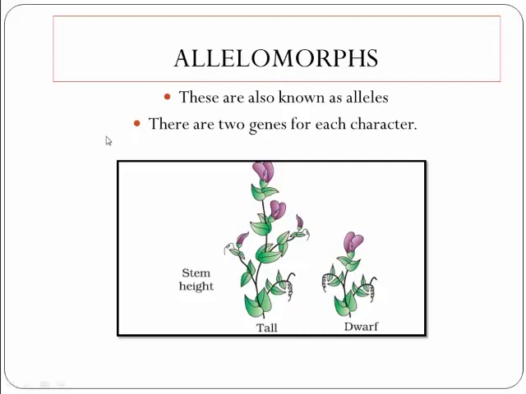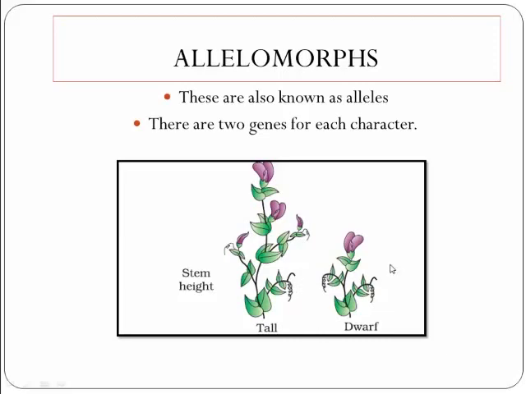If the character of size, as you can see, this is stem height, has 2 genes, one is for the tallness of the plant and the other one is for the dwarf character of the plant.